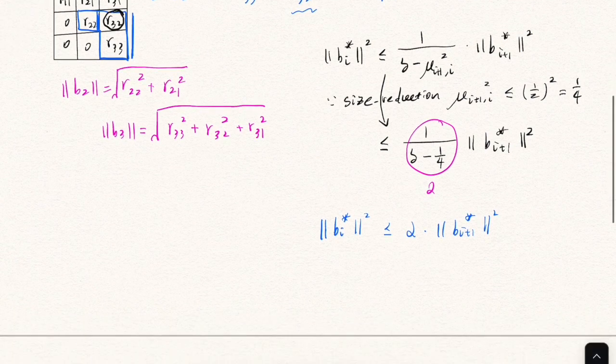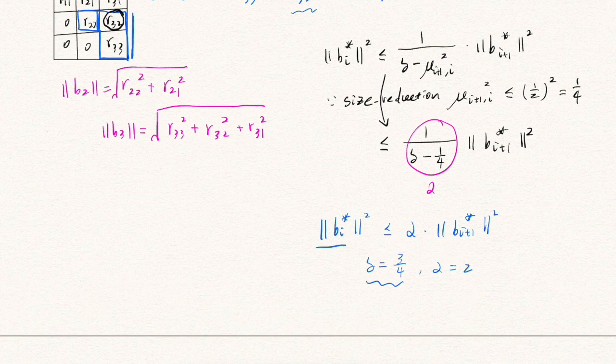Now, in the original paper, Lenstra and Lovász chose delta to be 3/4, such that alpha equals 2. That makes powers of 2 and things like that slightly nicer to look at. But now you get the idea where this power of 2 comes from. It's really dependent on the choice of the delta.